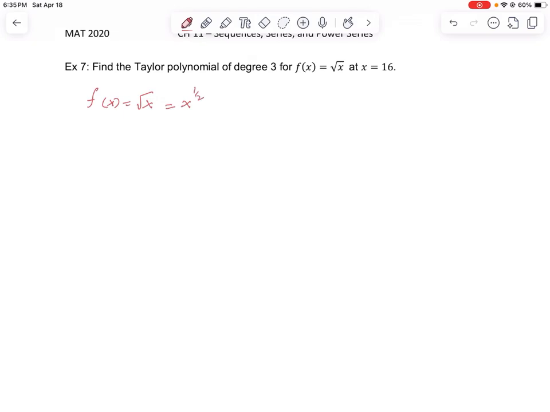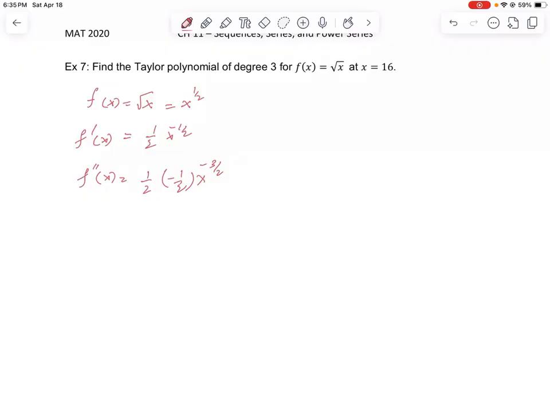The derivative will be 1/2 x to the negative 1/2. f double prime of x will be, we already have 1/2 here, then comes the negative 1/2, x to the negative 3/2, because we subtract 1 from the power.